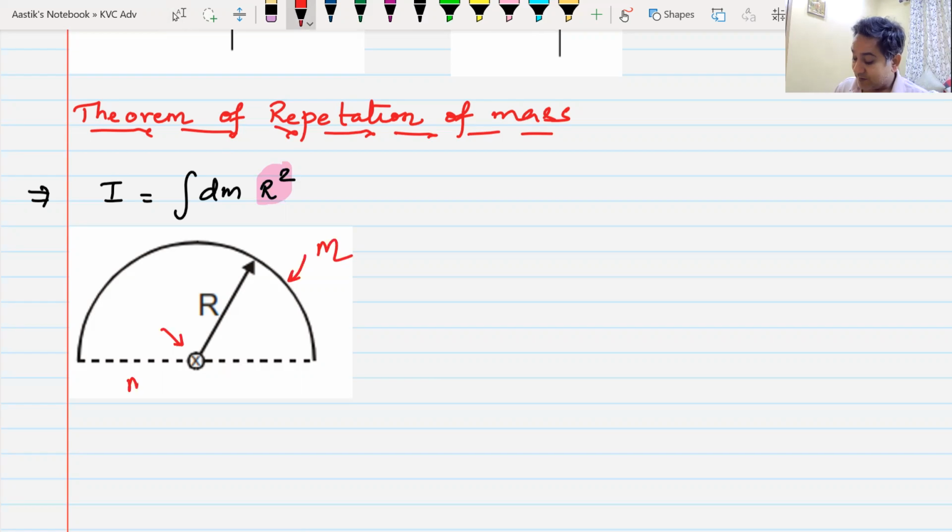It will be same as mr square. If you repeat this twice, you will get the moment of inertia of the ring. This will be same as the moment of inertia of a ring.